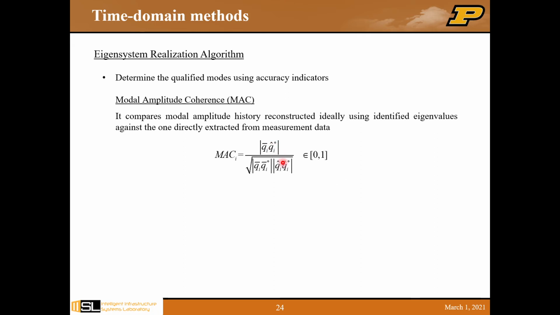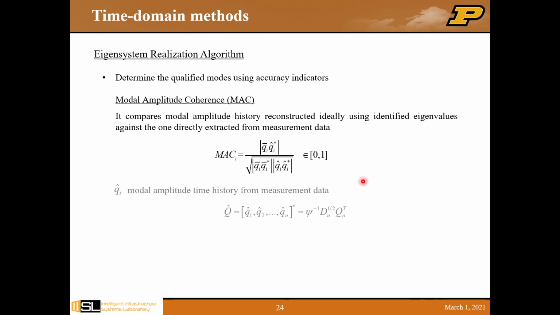Specifically, it estimates the cosine of the angle between these two vectors. If it is 0, these two vectors are perpendicular, so these two modes are not the same, totally different. But if it is 1, the vectors Q bar and Q hat are identical.